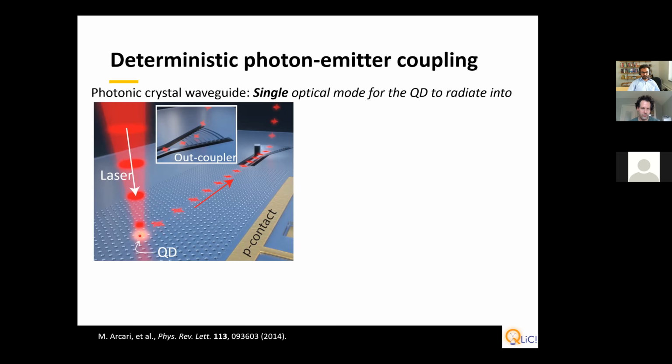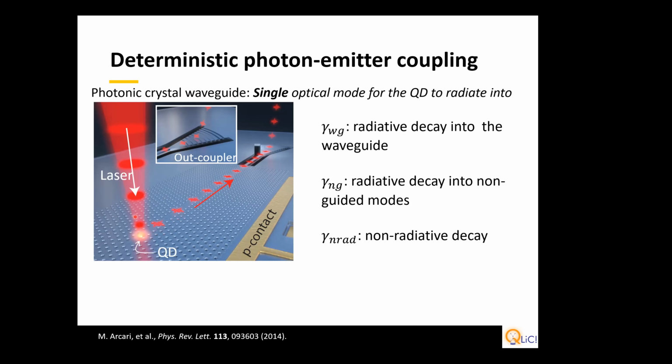So now the quantum dot is coupled to that particular optical mode, and whatever it emits is essentially propagating down that waveguide. To quantify how well it couples to that waveguide mode, we can say how much the quantum dot emits into the waveguide mode. So that's this gamma WG.